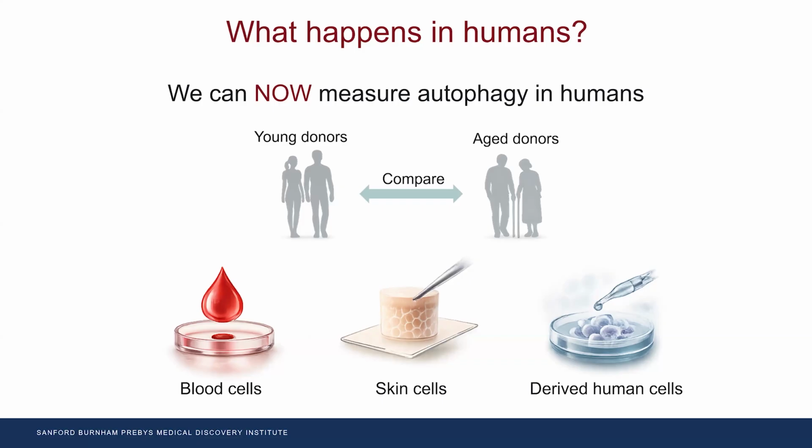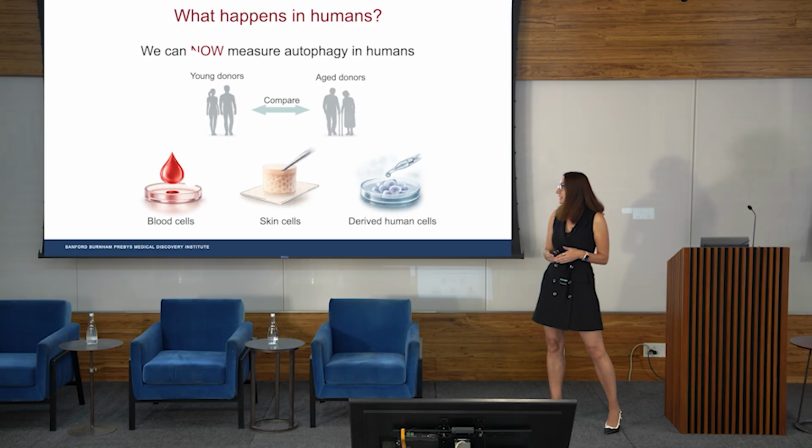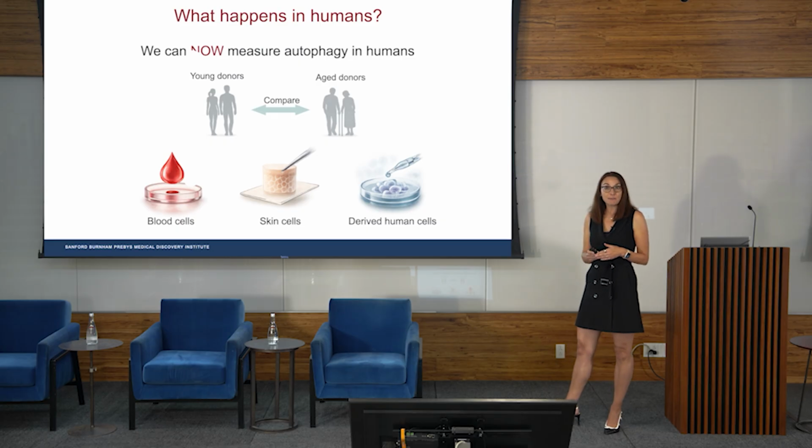What we wanted to figure out is, does autophagy also decline with age in humans? But until now, it was really difficult to measure this process in human cells. So now there is a method where we can use just blood cells, so a simple blood draw, to measure the age-related effects of this process.